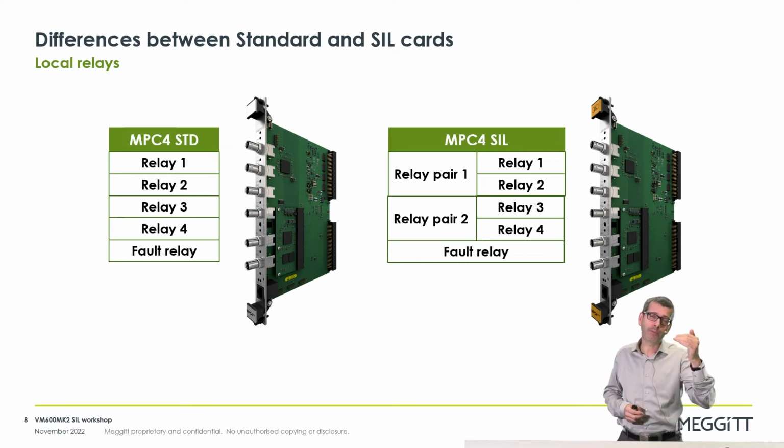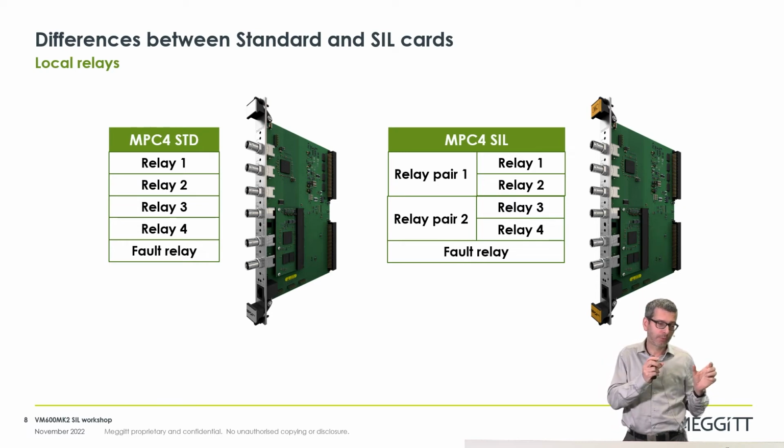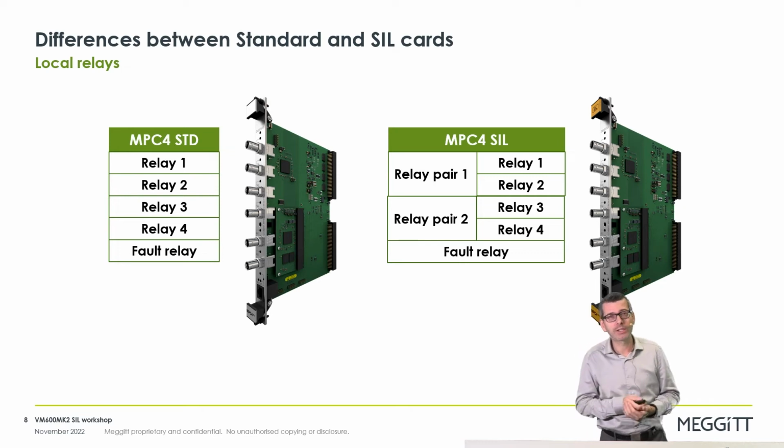So relay number 1 and number 2 are linked and are managed as relay pair number 1, and relays 3 and 4 as relay pair number 2. That means that if we configure some machine shutdown logic on a logical function, we are going to connect that logic to relay pair number 1 or relay pair number 2, but it's not possible to manage the relays individually.